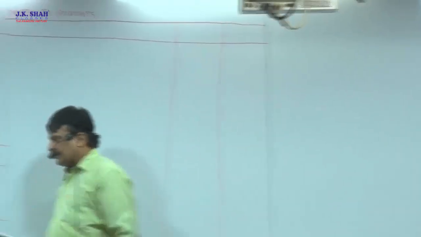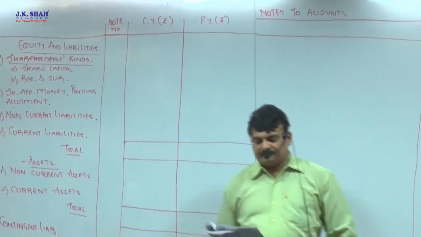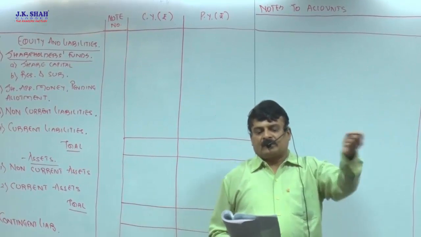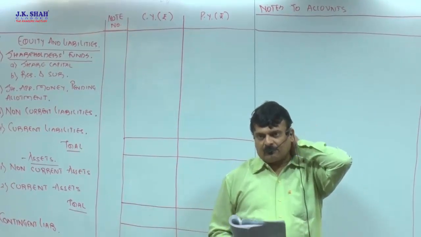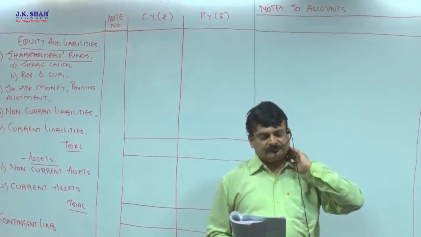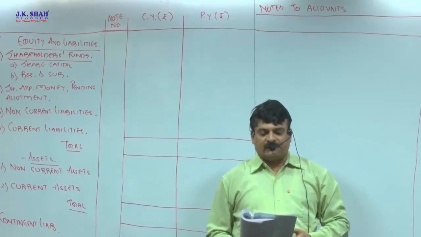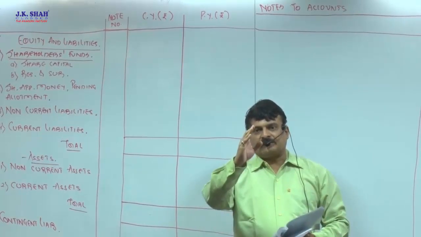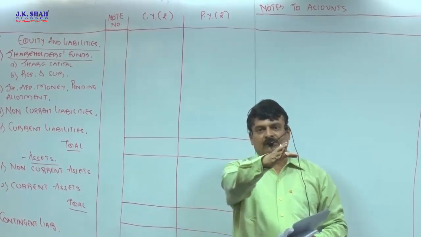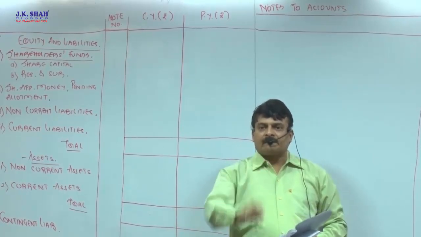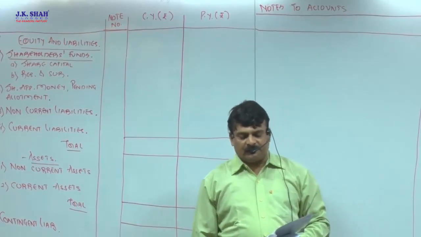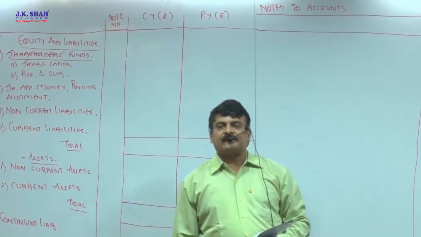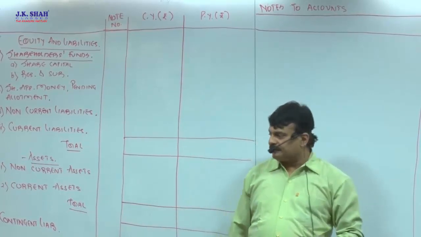Start looking into a textbook. Write down first line in your notebook, capital letters, equity and liabilities. You just have to focus in your textbook and note it down in your notebook. Is this clear? First line, equity and liabilities. Underline that.